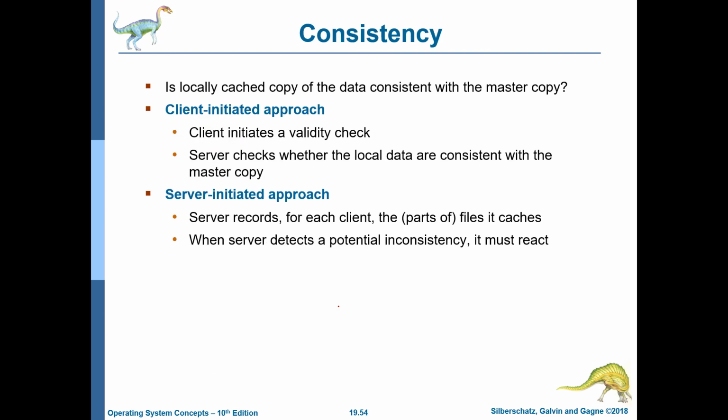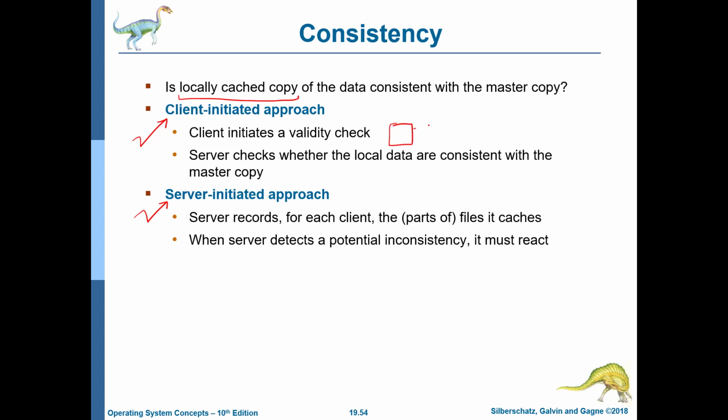Now let's come to consistency. How do we ensure that a locally cached copy is consistent with the master copy? There are two approaches. Approach one is a client initiated approach where the client that is trying to get a copy of the file initiates a validity check at the server because it may have previously cached blocks of the file.